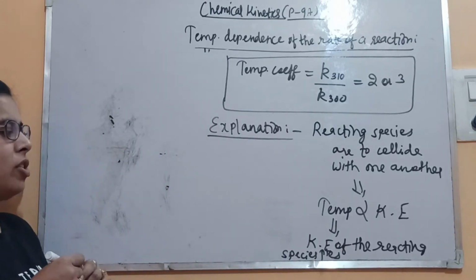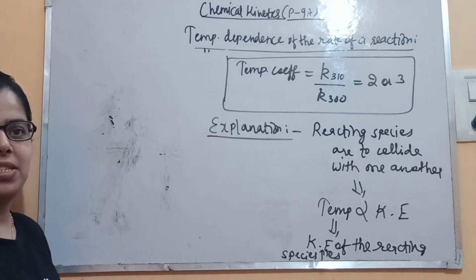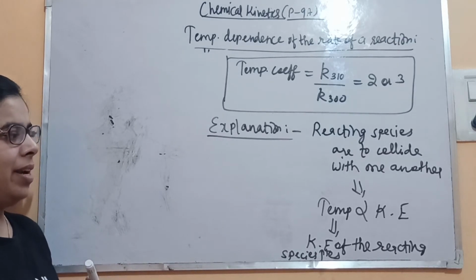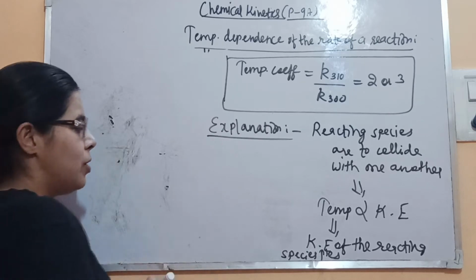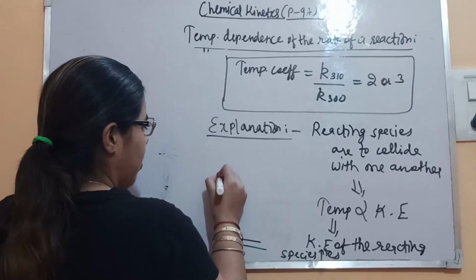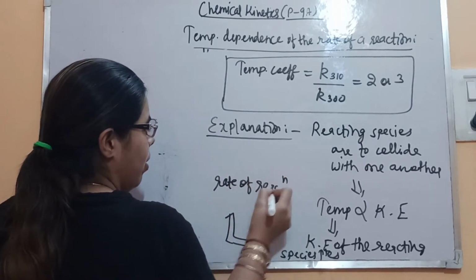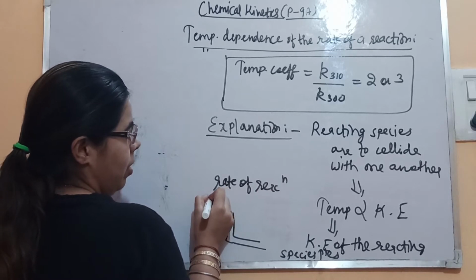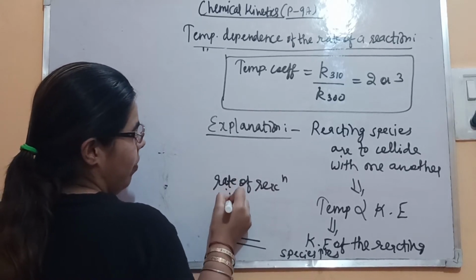If the kinetic energy of the reacting species is increasing, it means the rate of the reaction has to increase, because temperature is increasing the kinetic energy. So you can say that the rate of reaction will increase.